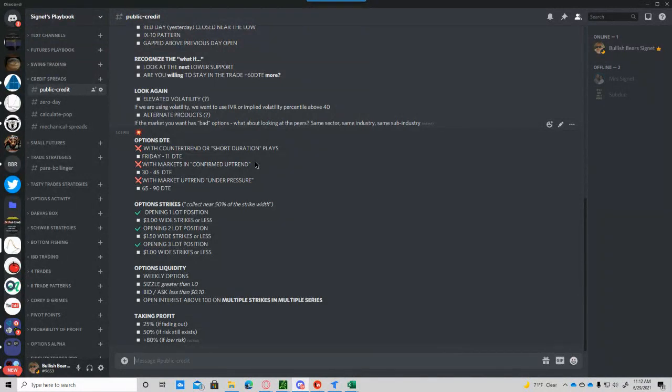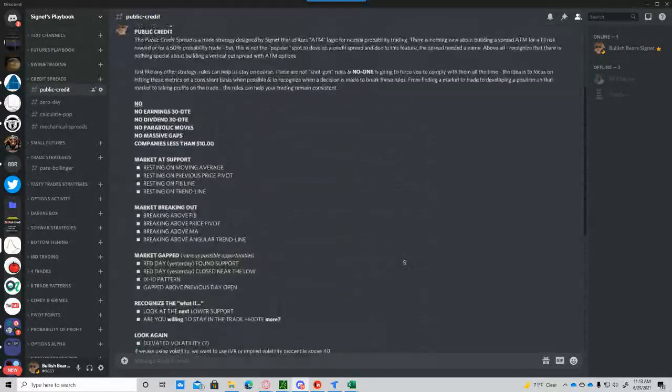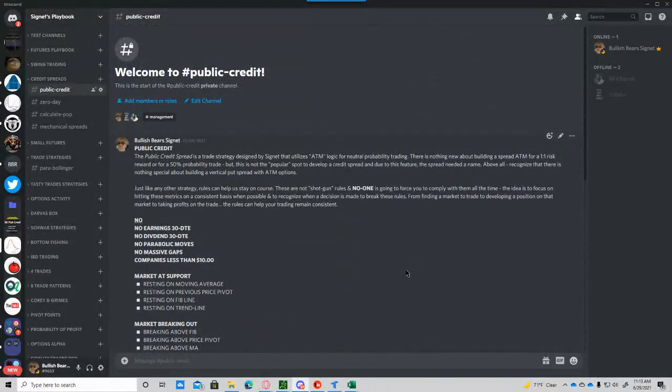I can just refer back to the name of the trade. A public credit spread is focused on near or at the money credit spreads with near a 1-to-1 risk to reward ratio starting the trade out. These are the rules that I have developed for that strategy, and this is a complete breakdown of that strategy.